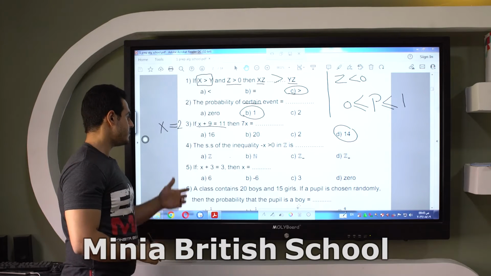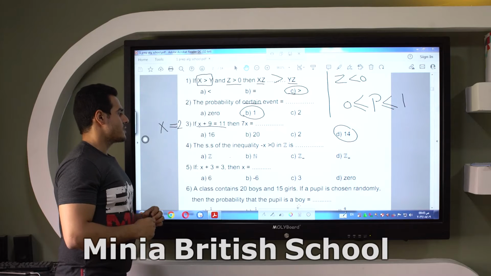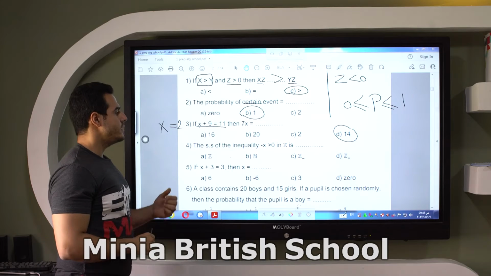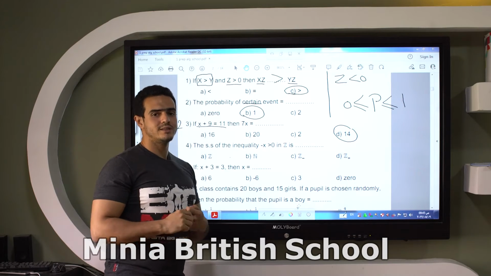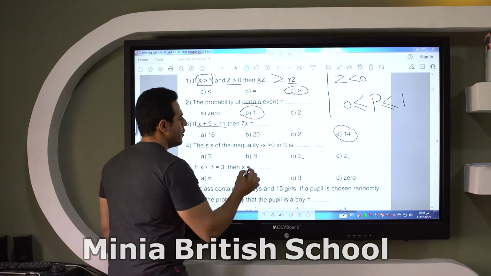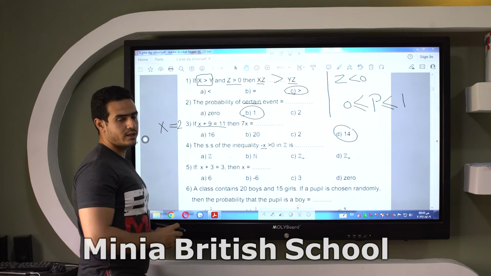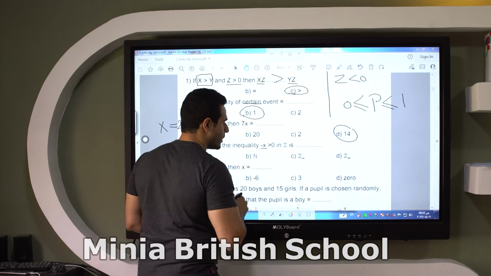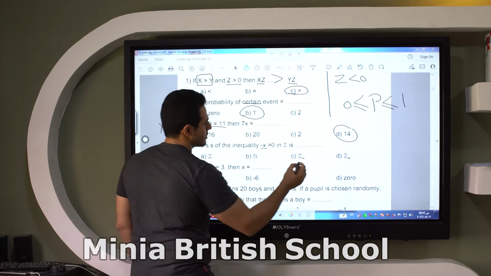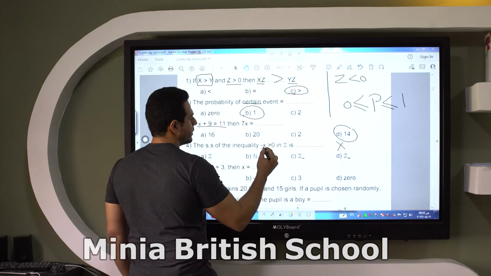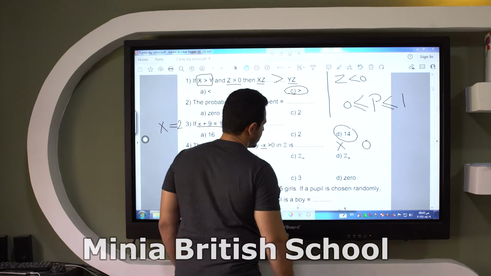Okay? Number 4, the solution set of the inequality negative x greater than 0 in Z. At first, we have a negative next to x. We want to get rid of this negative, so by dividing or multiplying by negative 1, we get x, and 0 divided by negative 1 is still 0.